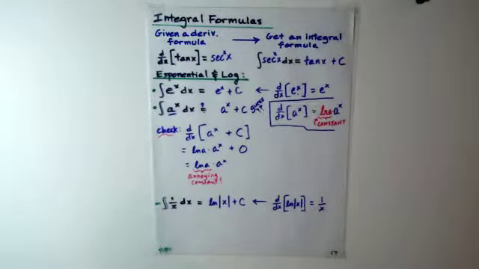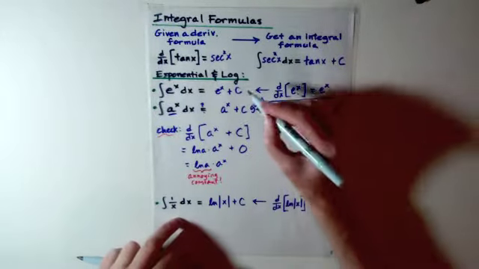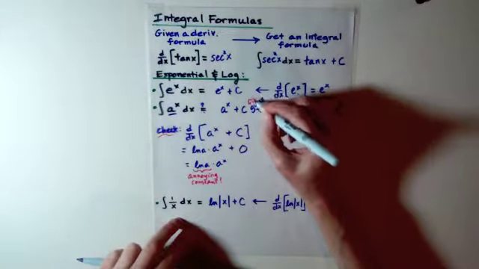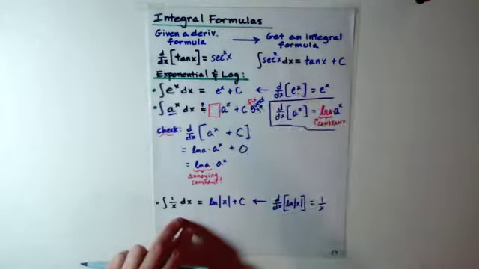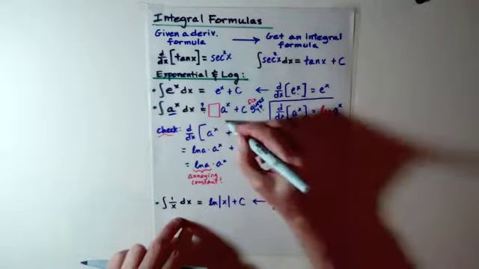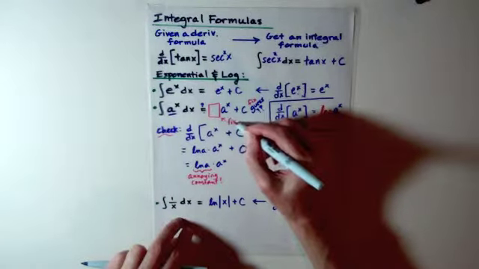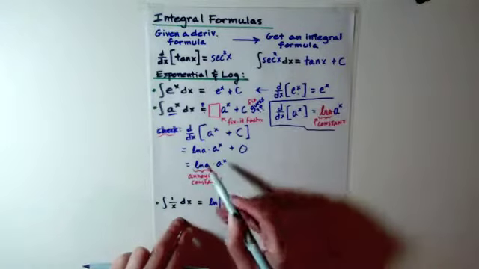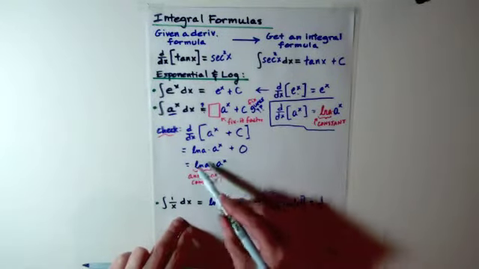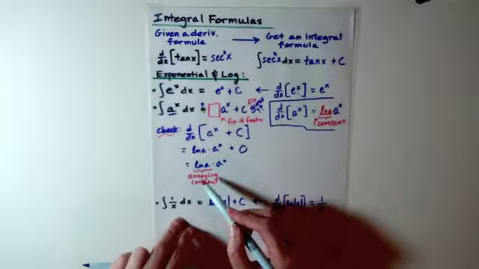Well, we can do it very much the way that we did with the power rule. We can fix up our guess. So I'm going to put fix our guess, and I'm going to think, what extra factor could I put out in front of the a to the x? What fix-it factor could I put in front that would end up canceling out this ln of a when I differentiate?